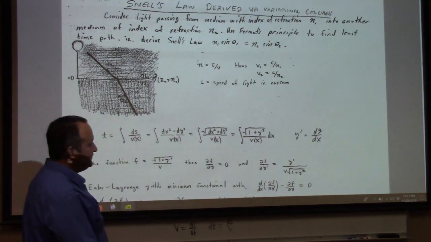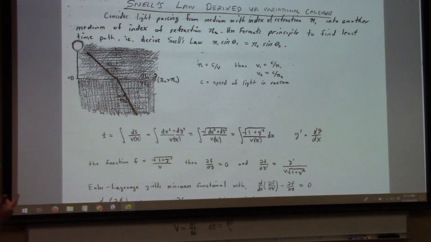We have to integrate that. And so what is this? This is a problem of variational calculus. We need to minimize that action. So the Lagrangian here is the square root of 1 plus y prime squared over the velocity as a function of x.